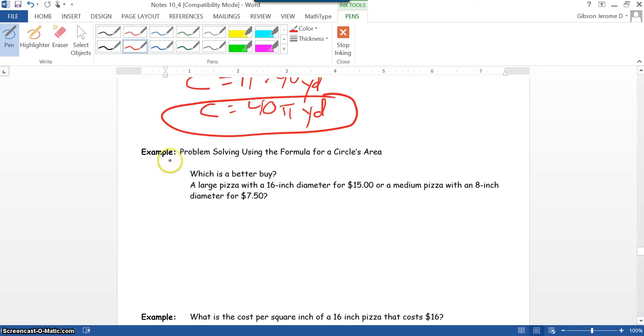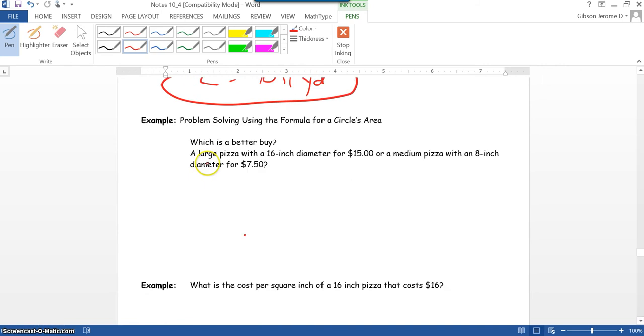Now it says problem solving. Using the formula for a circle's area, which is a better buy? A large pizza with a 16-inch diameter for $15, or a medium pizza with an 8-inch diameter for $7.50. So this is what we would do. We would do the area of both pizzas.